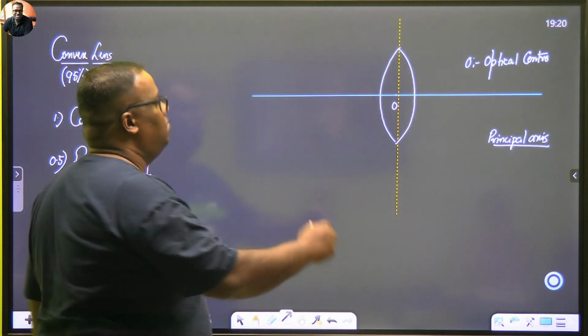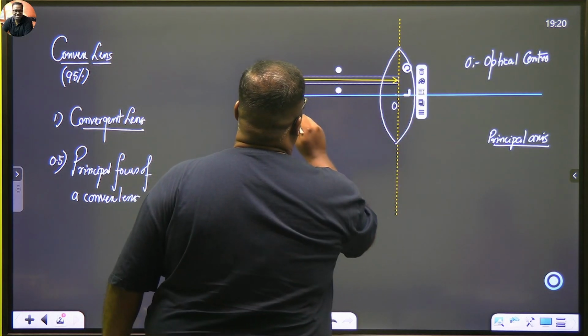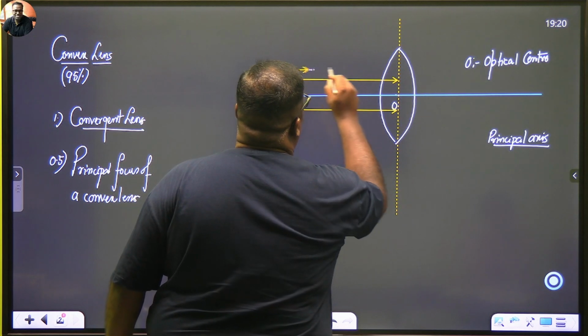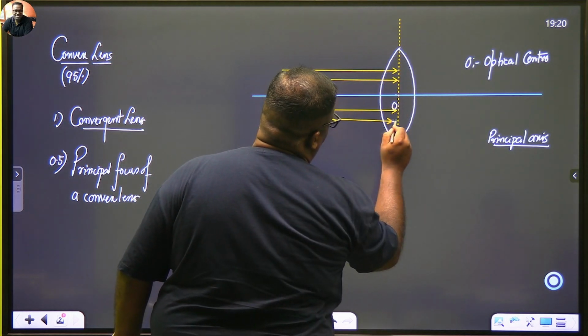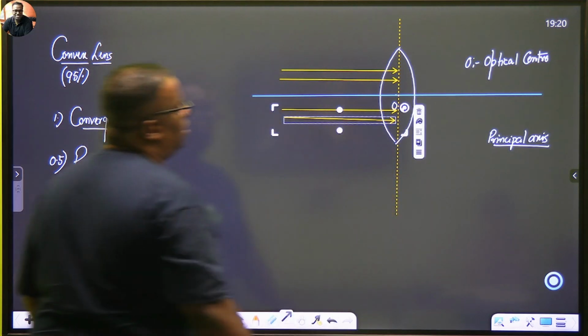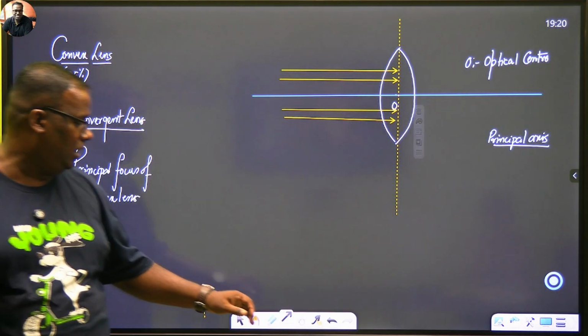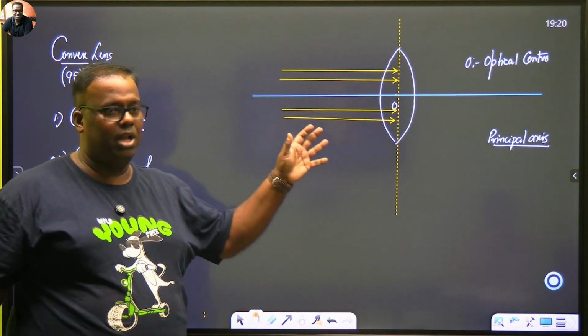So let us take some parallel rays, rays which are close and parallel to the principal axis.